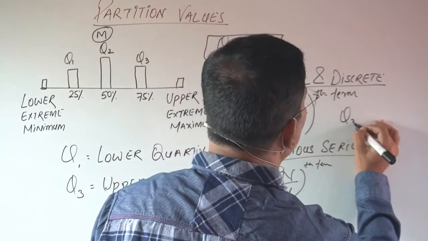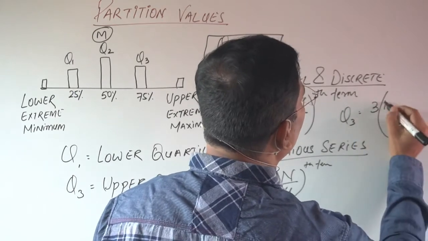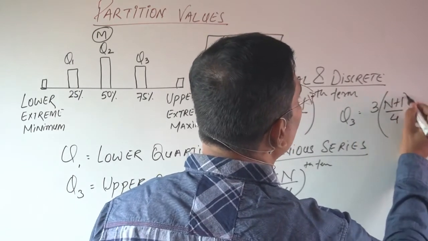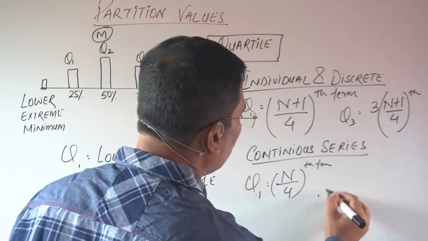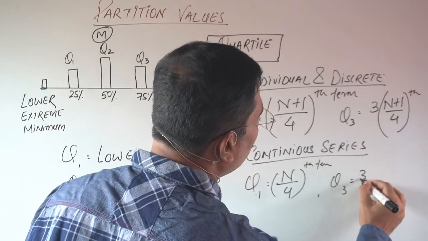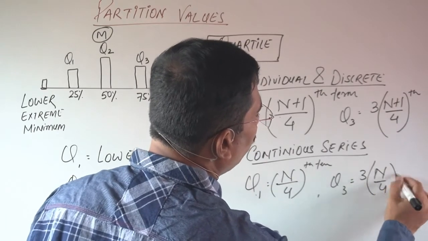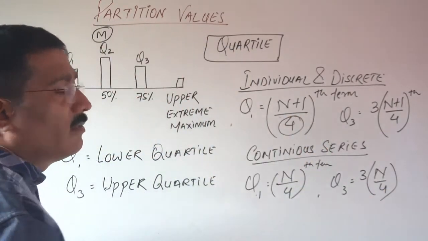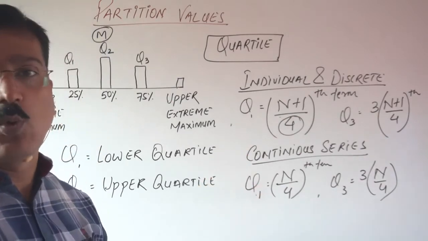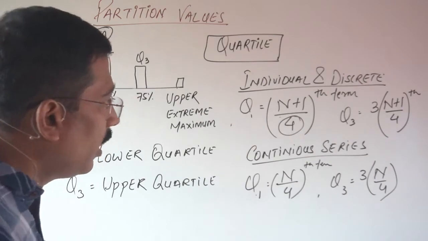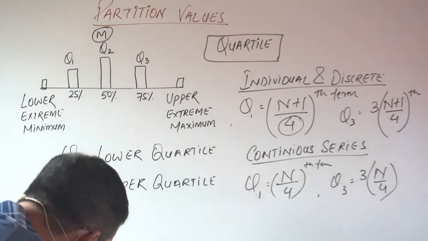What about Q3? In individual and discrete, Q3 is equal to 3 times (n plus 1) by 4 term, and in continuous, Q3 is equal to 3n upon 4. How does the 4 come? Very clear. This is the 1 by 4th, and the 1 by 4th is called quartile. Very clear? Now I am giving some questions.